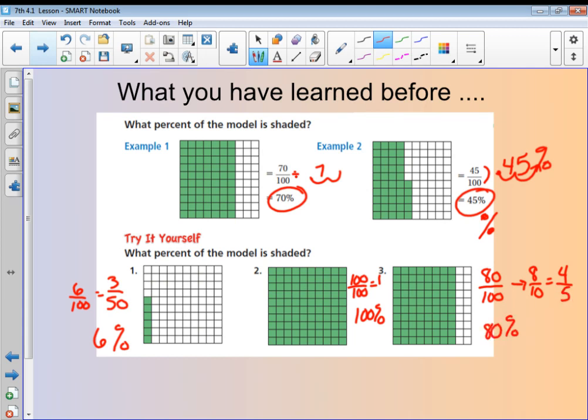Okay, take note that on each of these, I worked through reducing the fractions. Once again, sometimes you can create fractions that have 100 on the bottom, and sometimes it's not easy to do that. So we do have to understand the other method of taking your top number divided by your bottom number, which is the method we'll be working with today.